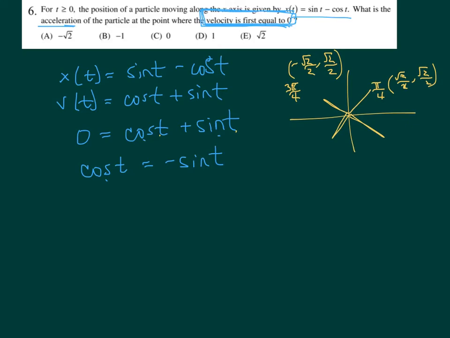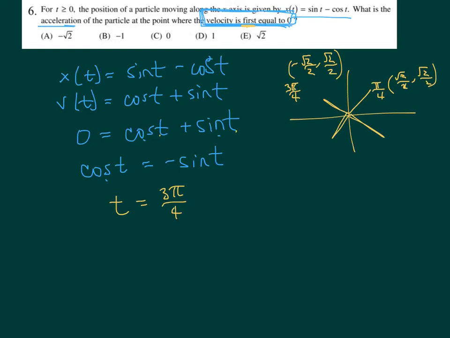Well, look, it says find what is the acceleration of the particle at the point where the velocity is first equal to 0. So they only want where it first happens. Well, it first happens when t is equal to 3 pi over 4. At the angle 3 pi over 4, cosine of t is equal to the opposite of sine of t. All right, so that's our time. Now we need to find the acceleration at that time.